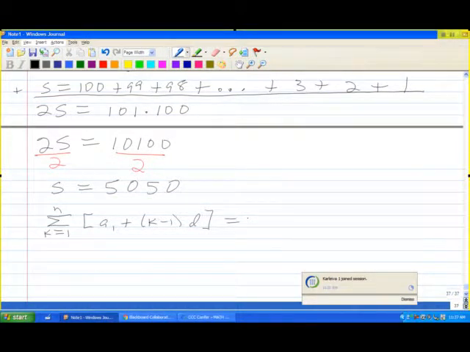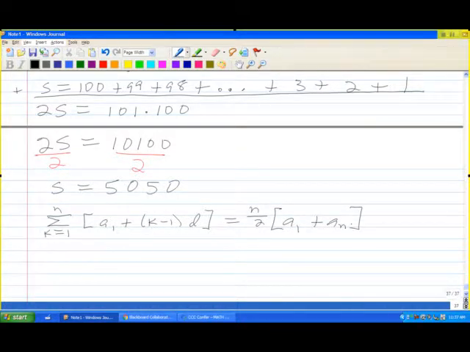We get that the sum is equal to n over 2 times (a1 plus an). You just add up the first term and the last term, 1 plus 100, then multiply by how many terms there are, 100, and then divide by 2. That's called Gauss's formula.